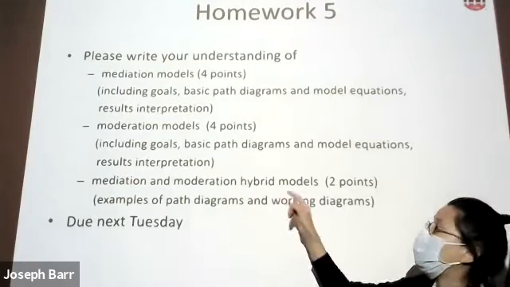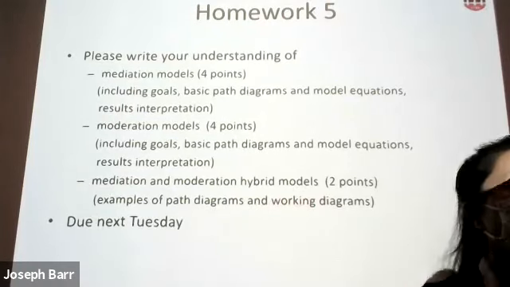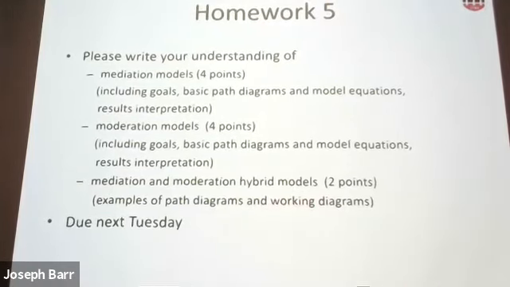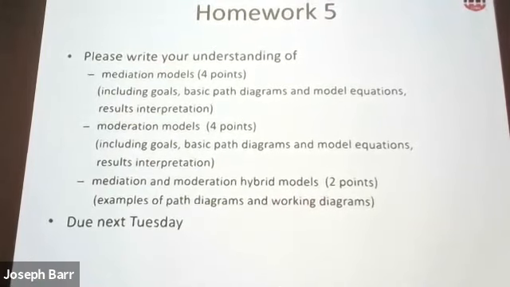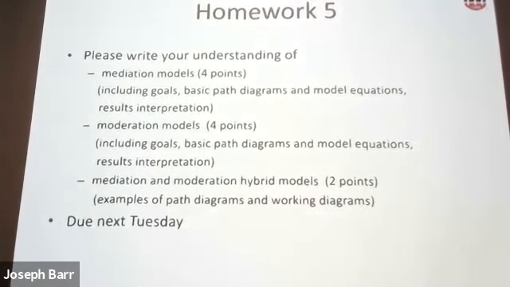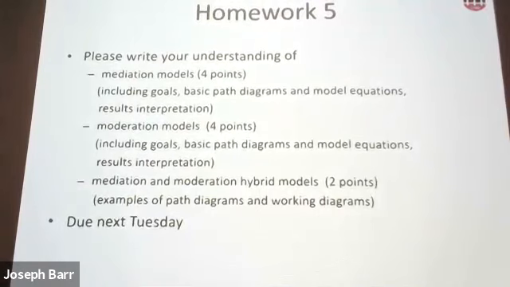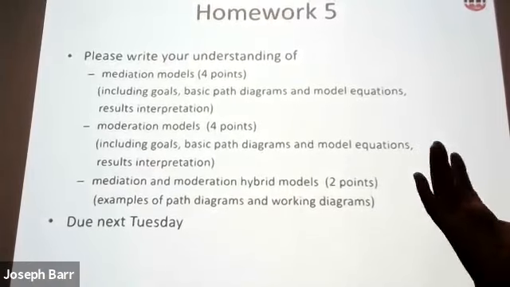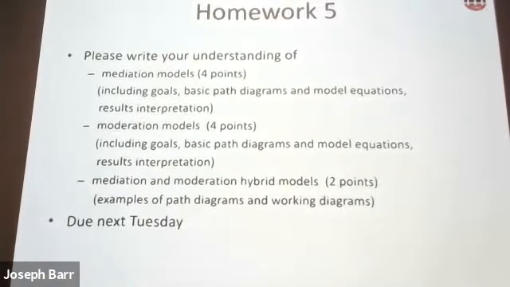This is 2 points for hybrid models. So in my understanding, for the examples of the path models, we can basically use X, Y, Z, just a 3 variables case. Basically like the example you used in the notes, we can use that for homework as well. Yeah, you can do that. It's a very basic model for mediation and also for moderation.